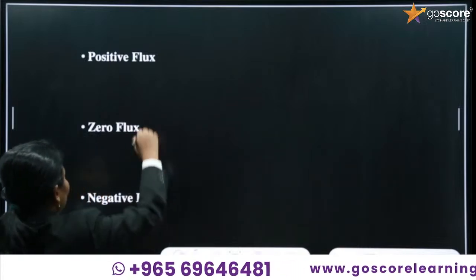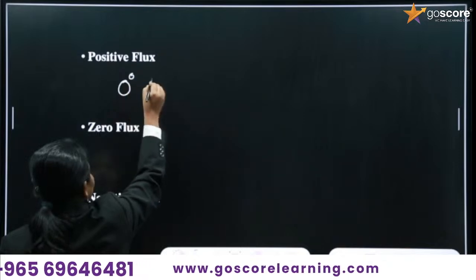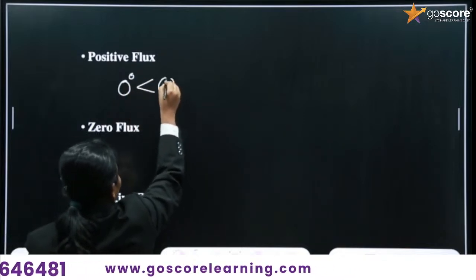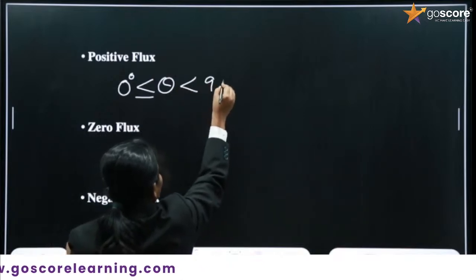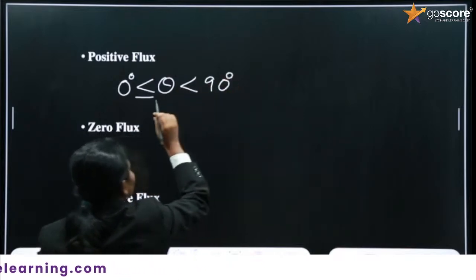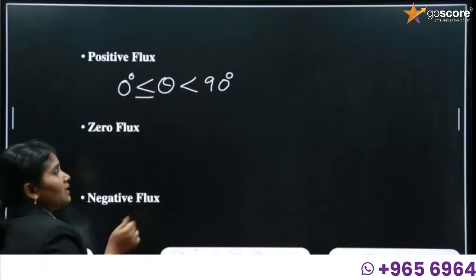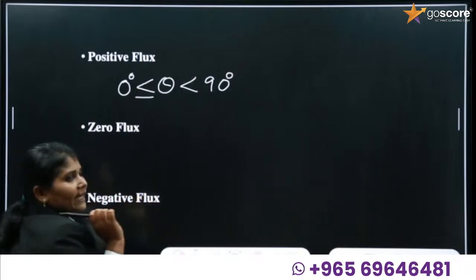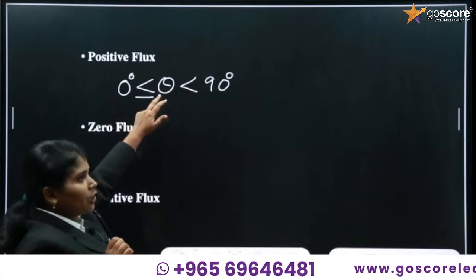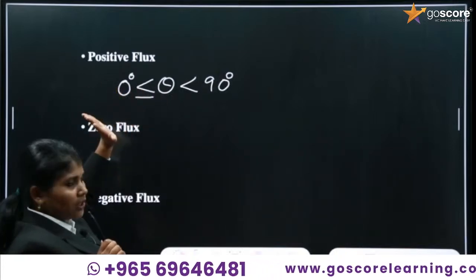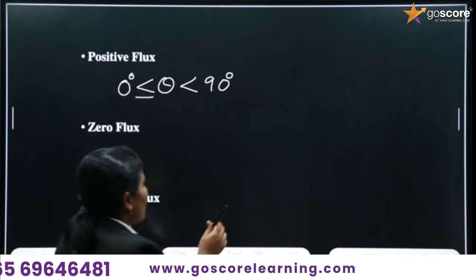So if theta is greater than or equal to 0 degrees and less than 90 degrees, we are getting the positive flux.